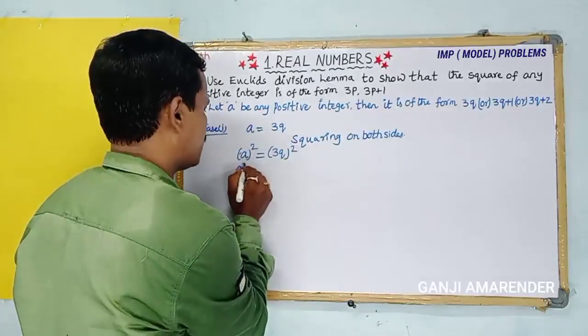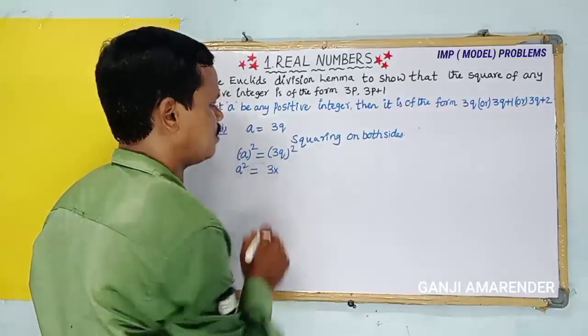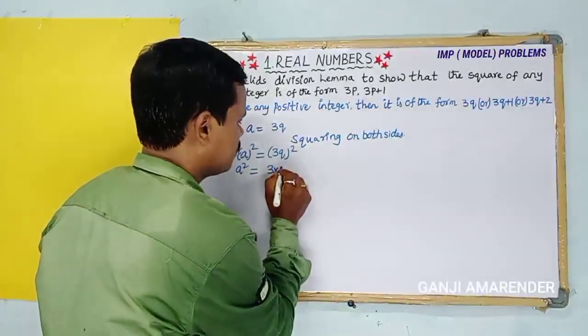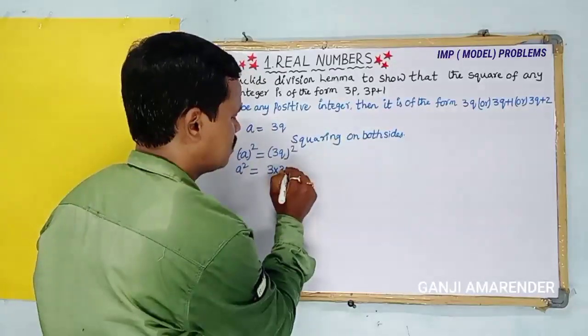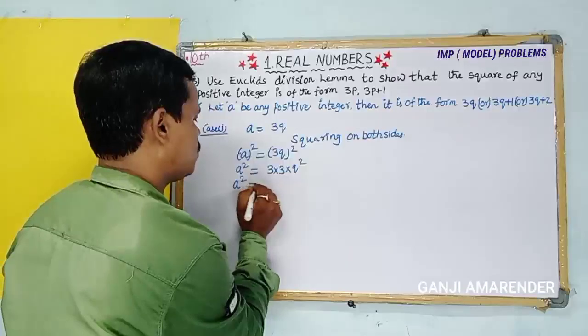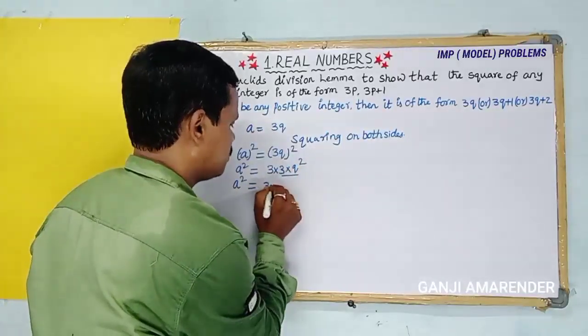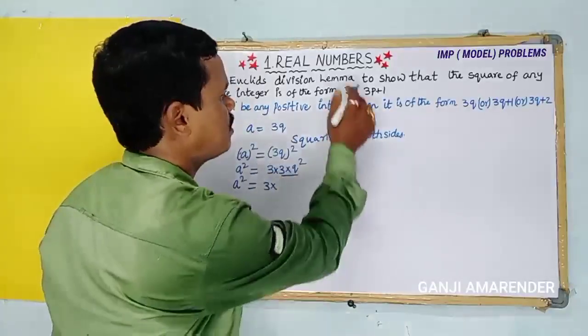Okay, a square is equal to 3q square means 3 square into q square. So a square is equal to 3 into 3q square. This 3q square value I am taking as p.